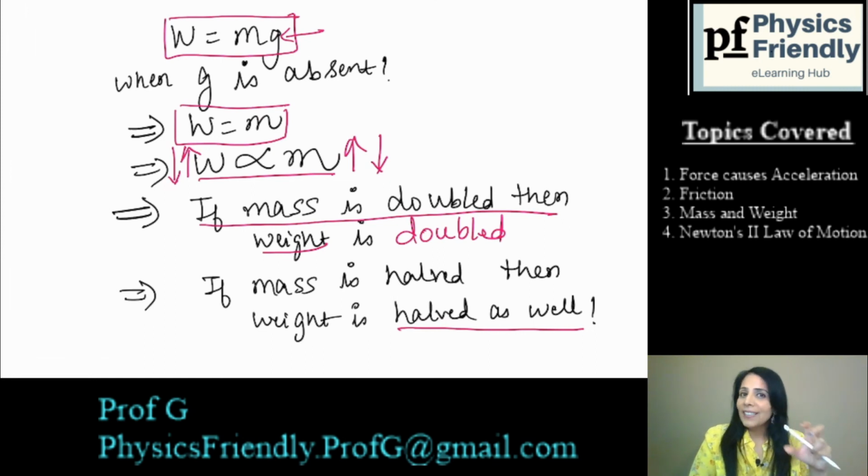Now I can take the same mass and keep that on a different planet, let's say Mars, right? Mass is exactly going to be the same. Mass is not going to change. But what changes? Weight changes, because that is equal to mass times gravitational acceleration. So if it's placed on Earth, gravitational acceleration is way different than if the object is placed on Mars or any other planet.